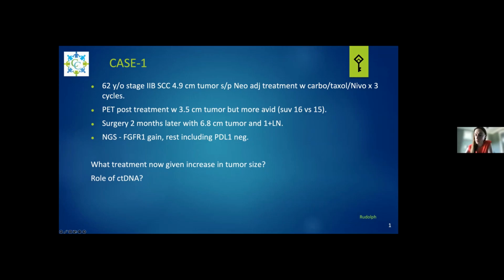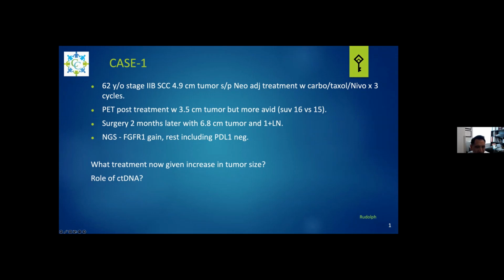I'd be interested to hear what the rest of the group thinks in this situation. Well, the SUV 16 versus 15 is a little worse post-treatment, but I would say the response in size is more encouraging.